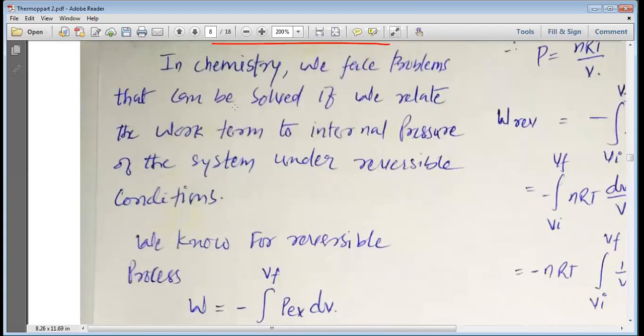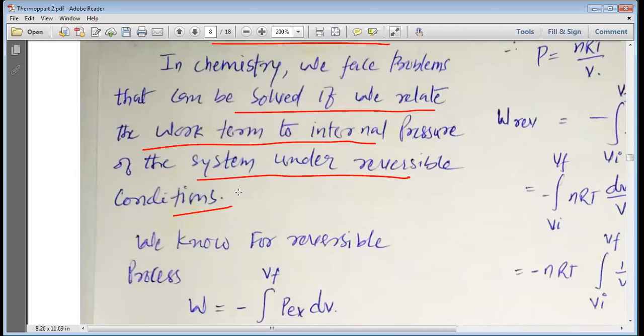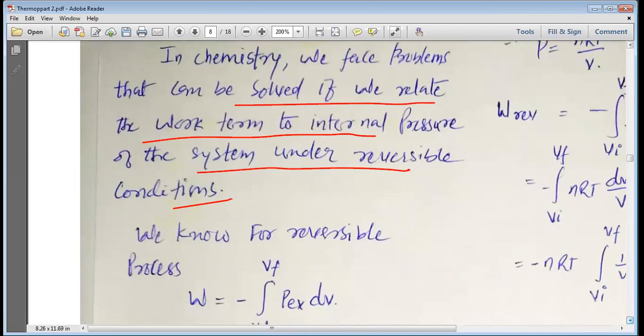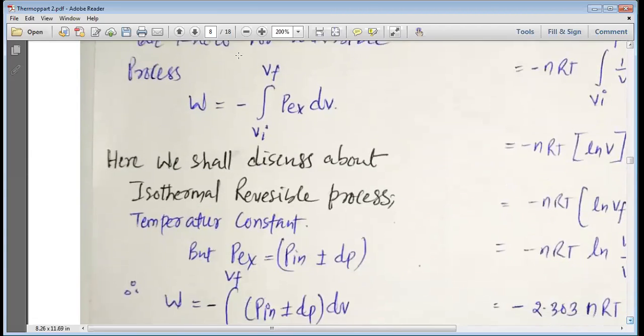In chemistry, we face problems that can be solved if we relate the work term to the internal pressure of the system under the reversible conditions. So, my dear students, we know that for the reversible process, work done is equal to minus integral from V initial to V final of P external into dV.